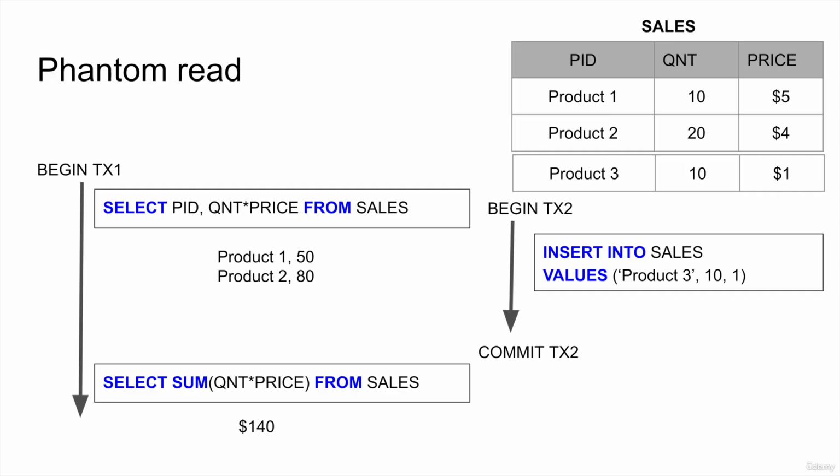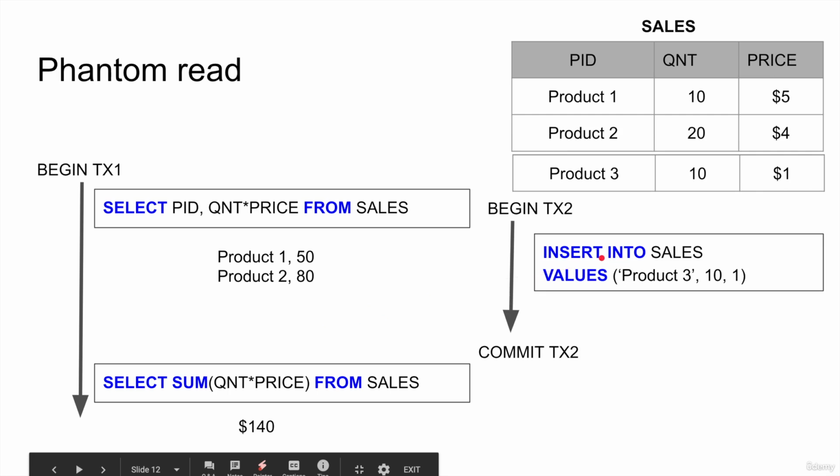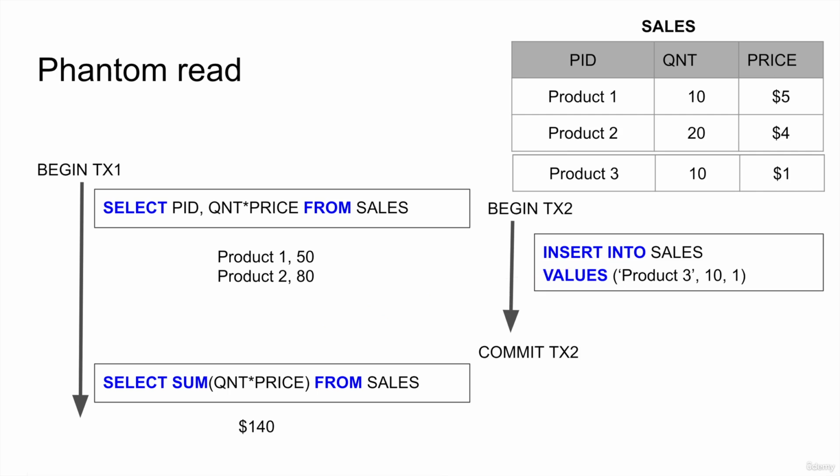The previous ones you can implement locks and version controls to get away with. But this is a new value. How do you lock it? It's a new value. You cannot say, hey, don't read that, right? It's really interesting. One of the ways to fix that is actually the serializable isolation level.